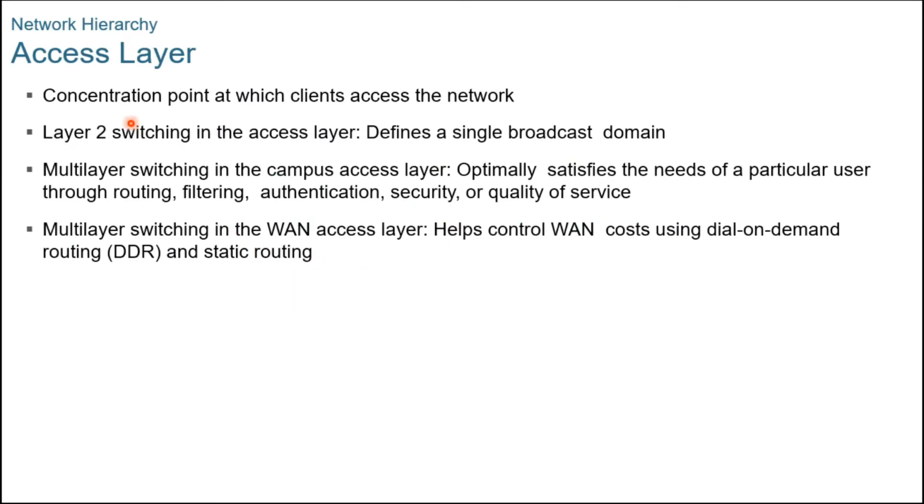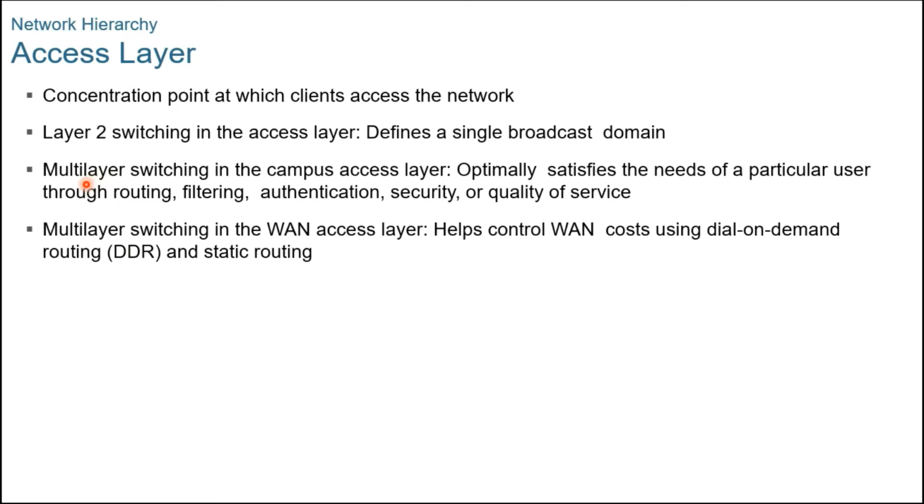Let's start with the access layer. Access layer functionality. This section describes the access layer functions and the interaction of the access layer with the distribution layer and local or remote users.